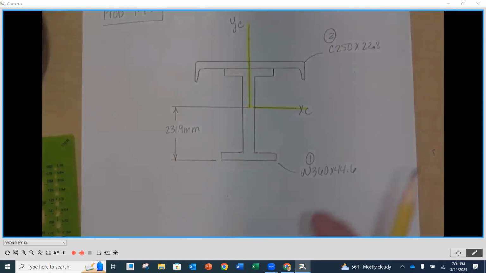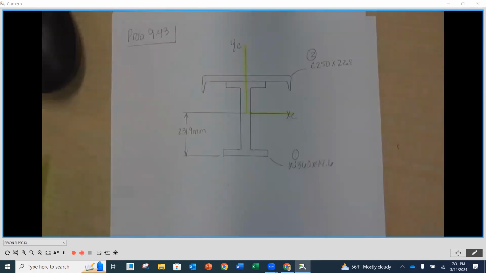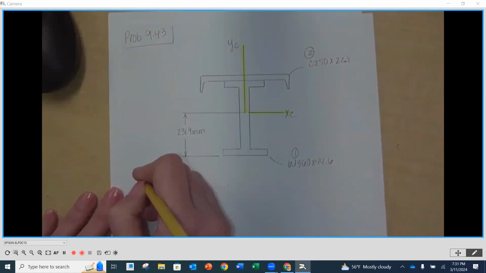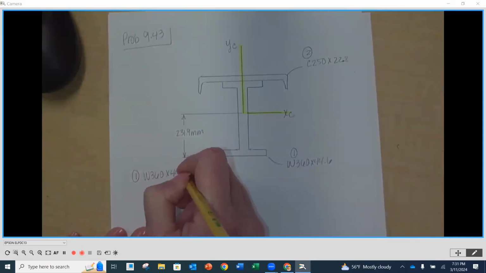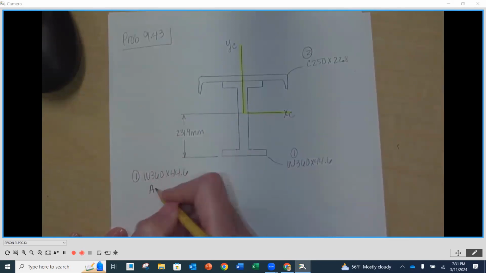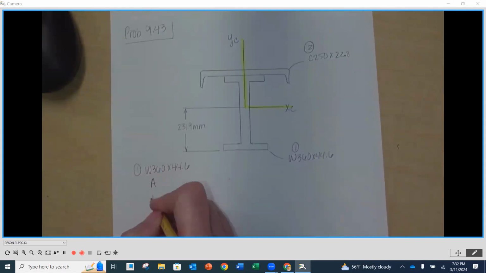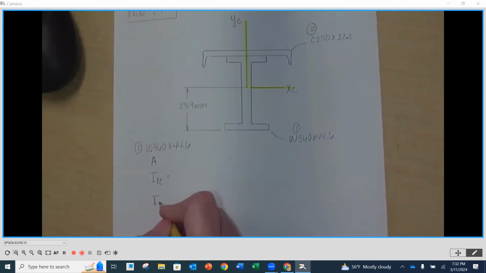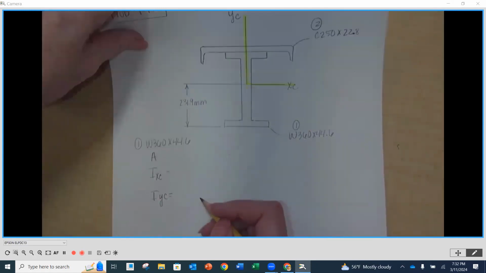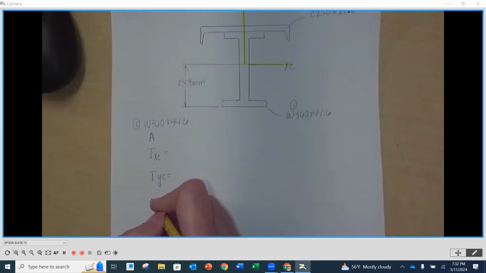Okay. Because these are standard shapes and we have our callouts, we're going to look to the appendix to grab that information. So we'll start with shape number 1, the W360 by 44.6. We're going to need the area, the moment of inertia about the X centroidal axis, the moment of inertia about the Y centroidal axis, and then we're going to need its dy1.